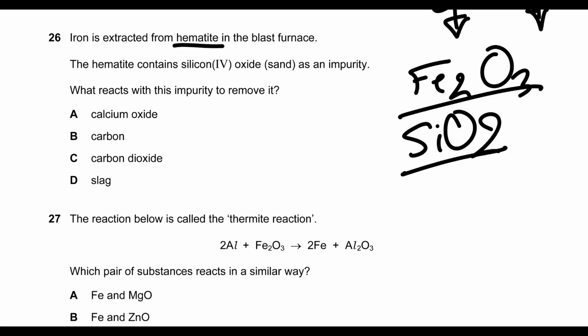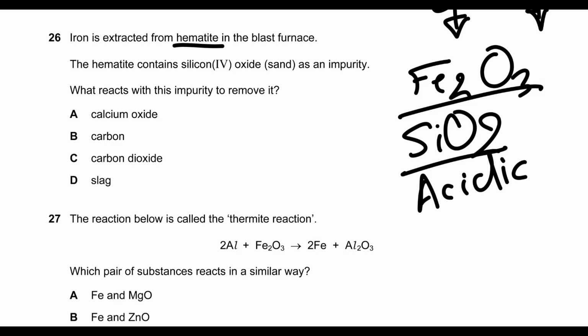Now, you need to ask yourself whether this oxide is of a metal or non-metal. It's a non-metal, so this oxide is acidic. How are you going to remove an acidic oxide? By reacting it with a basic oxide to neutralize it.